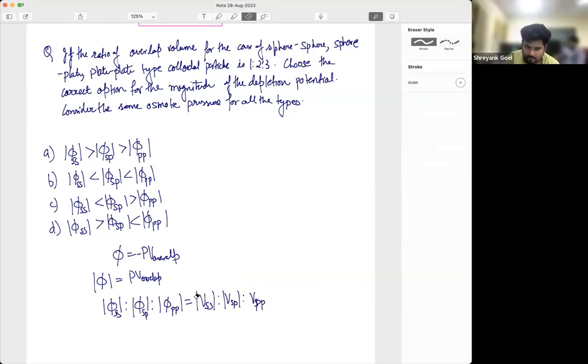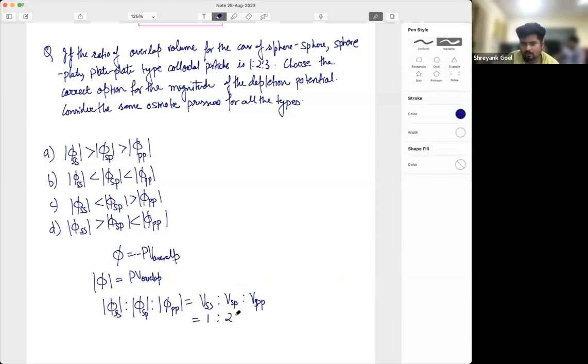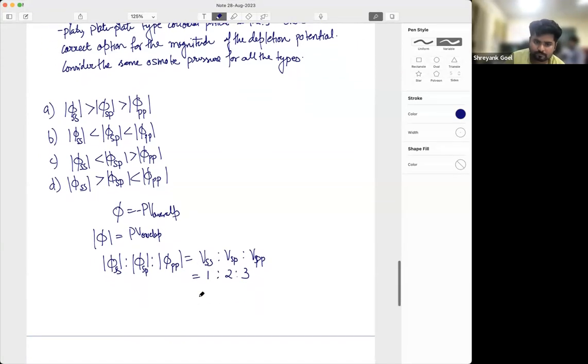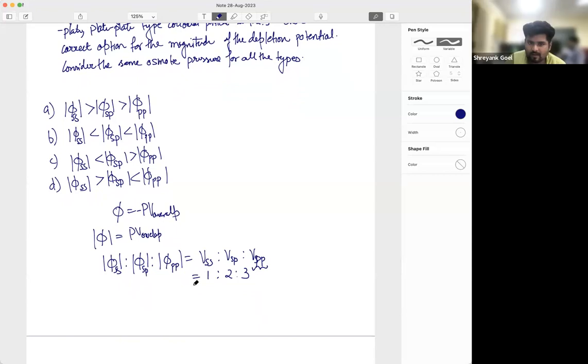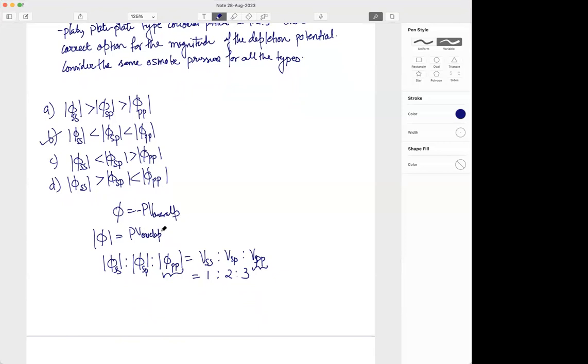Volume is always positive, and we know this is 1 is to 2 is to 3. So the magnitude is highest for the case of plate-plate, option C. The magnitude of this should be highest. The correct option is this, isn't it? Yes, sir.